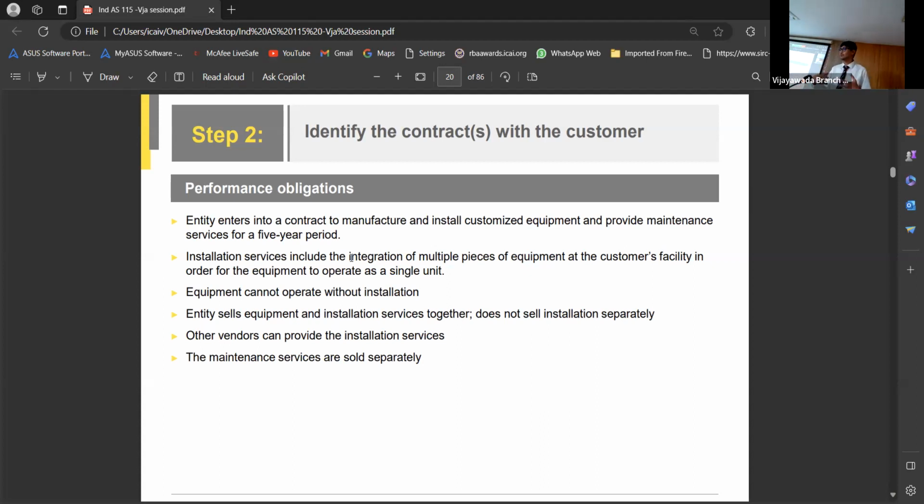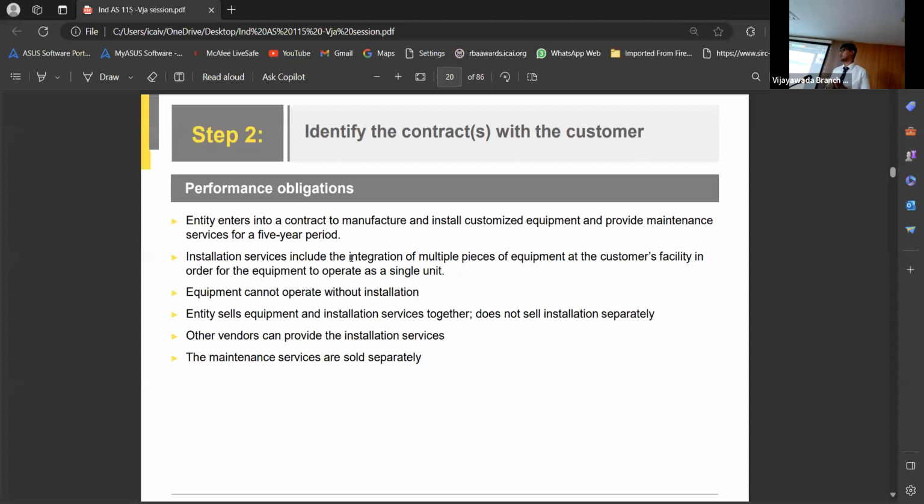When you purchase the AC from Samsung, you get the product. What else do you get along with the product? Okay, warranty. But for you to use the AC, what else do you require? Installation. Correct. So we mostly agree that the product is required, and installation is required to that extent.